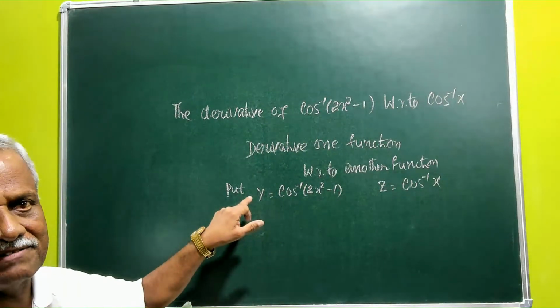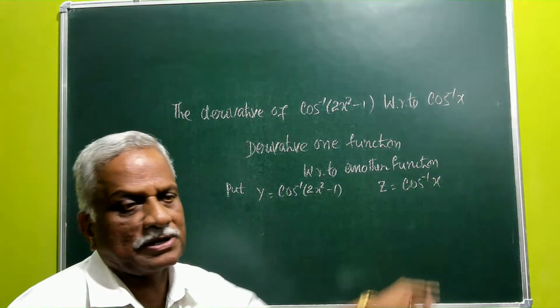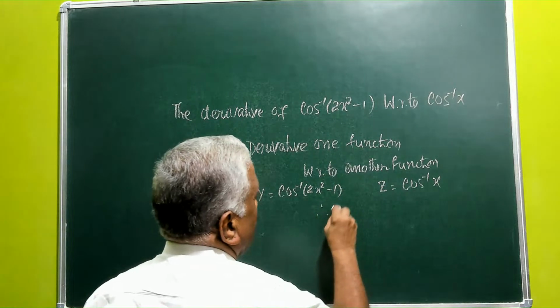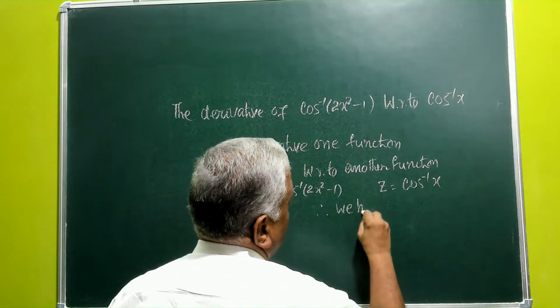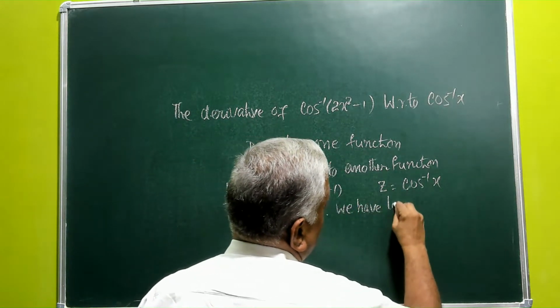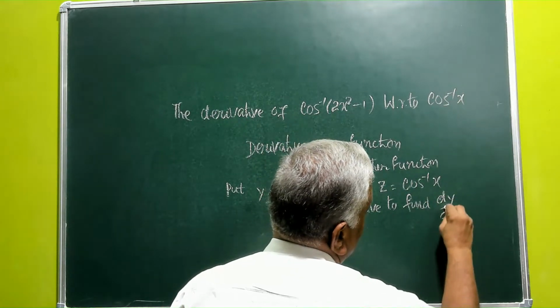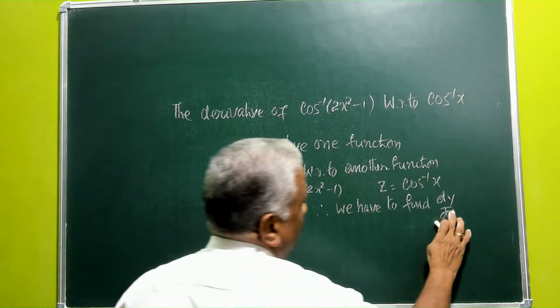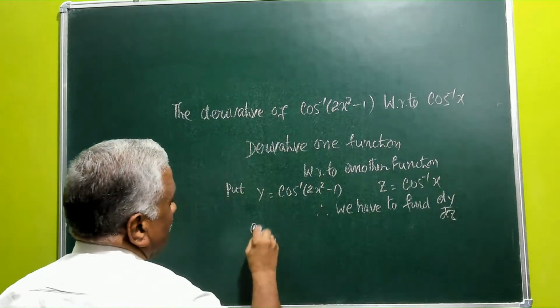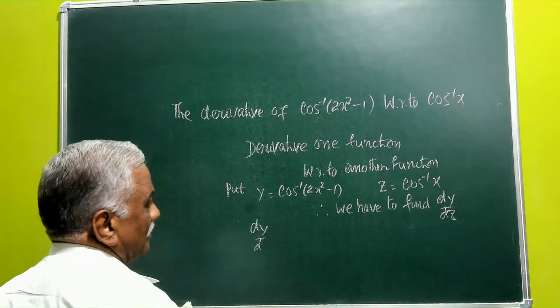That means the derivative of y with respect to z. Therefore, we have to find dy by dz.